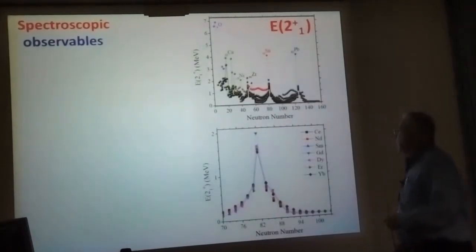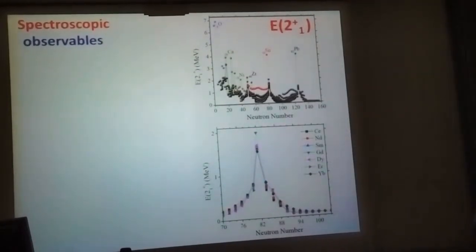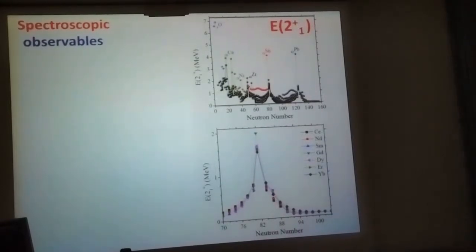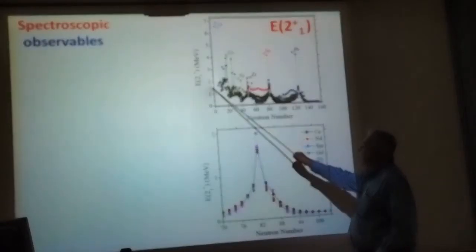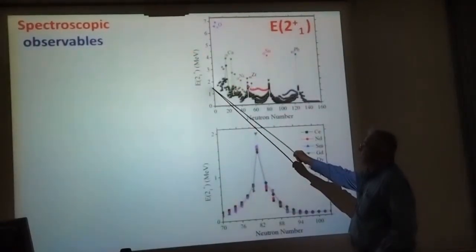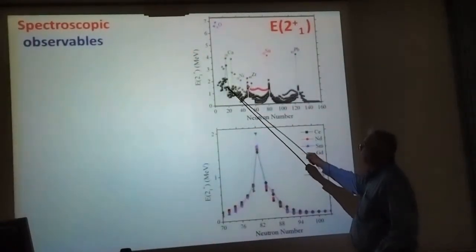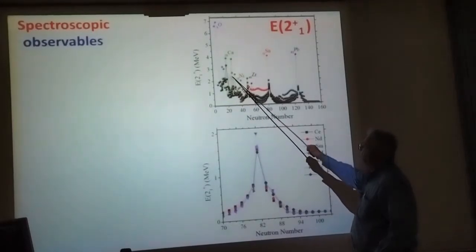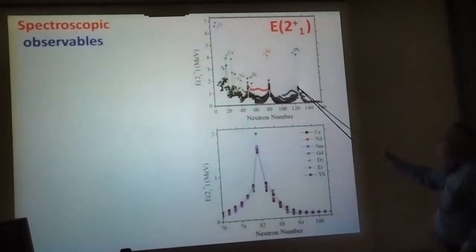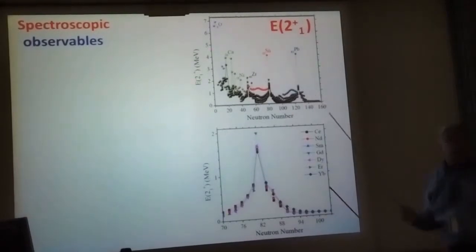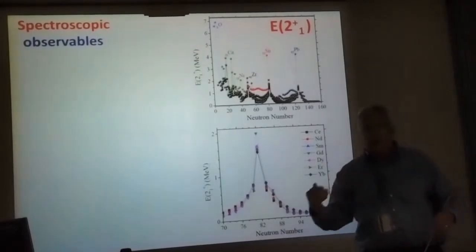If I talk about a 2+ energy of 1.5 MeV, that would be here. I can't tell you much about the structure because 1.5 MeV here occurs between magic numbers, whereas 1.5 MeV here is about at a magic number. So the absolute value doesn't tell you anything. You have to know which mass region you're in.